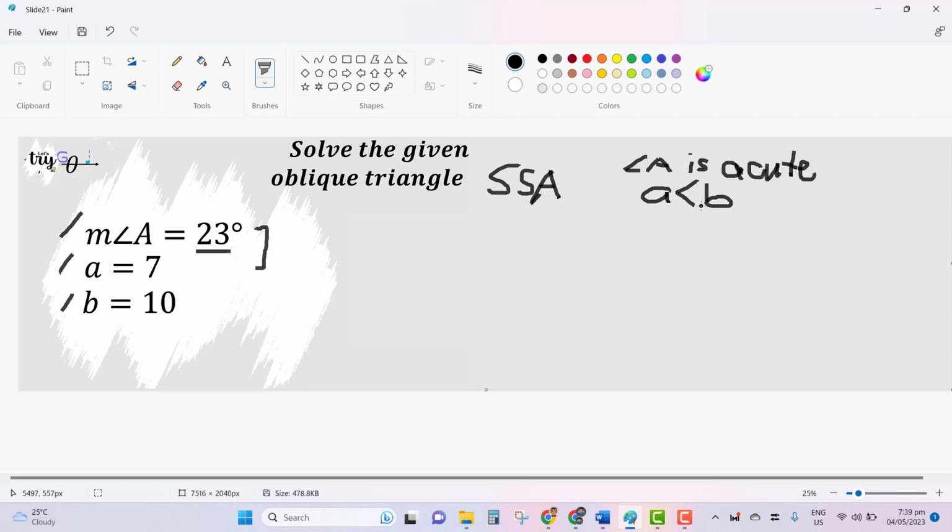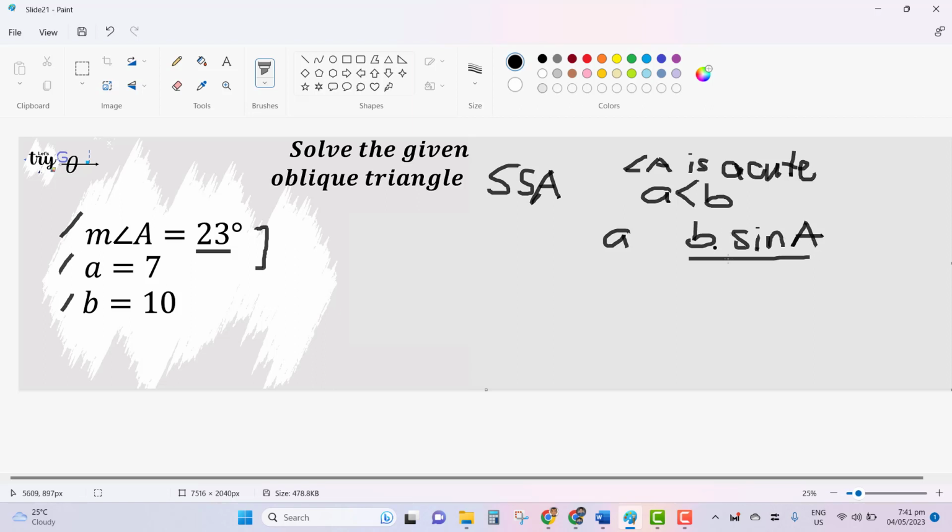For this situation, there are now three possible situations. There can be two, there can be one, or there can be none. In order to determine the final number of oblique triangles that can be formed using the given values, we need to look closely at the relationship of A and B sine A. This expression is the entire height of the oblique triangle.